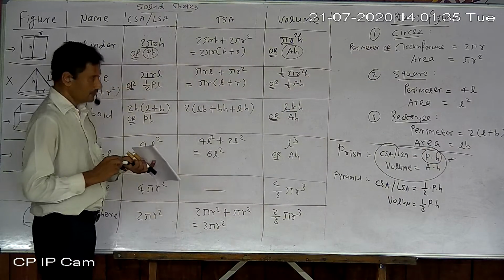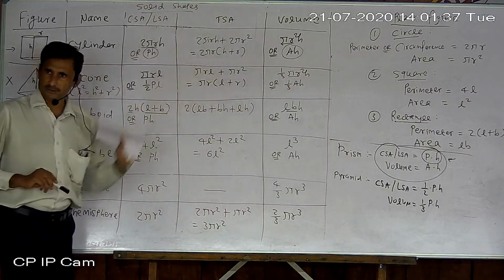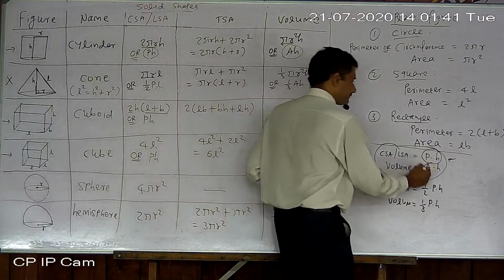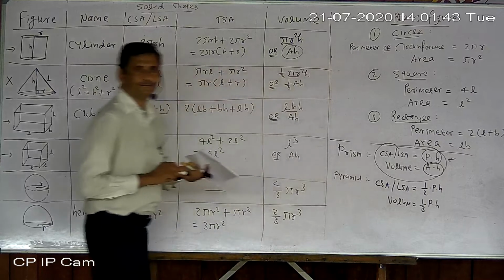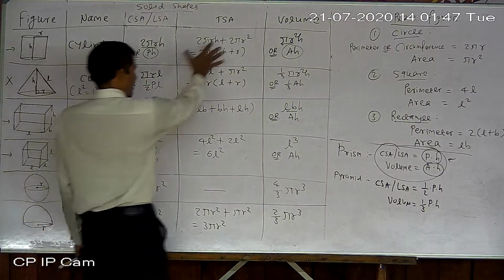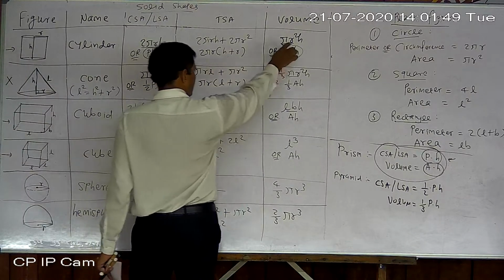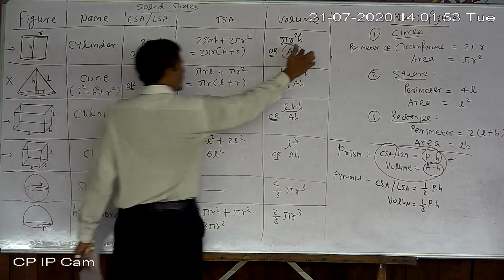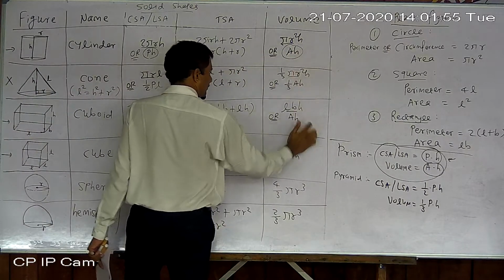Now look here only. A into H: volume equals area of base into height. So now just skip this and come to the last column. Again we talk about cylinder, cuboid and cube.